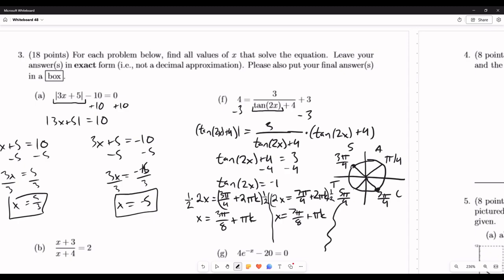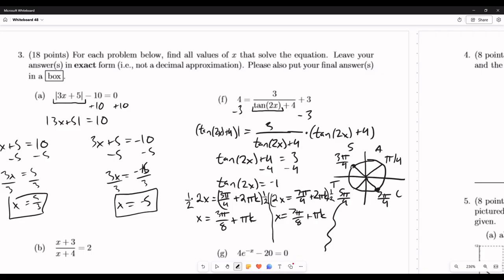Now, there's another option you have here. With tangent and tangent only, well, also cotangent if you want to get specific about it, you don't actually need to find two different solutions. You actually only need to find one solution. And then you find one solution and you're going to use pi k instead of 2 pi k. What do I mean by that?